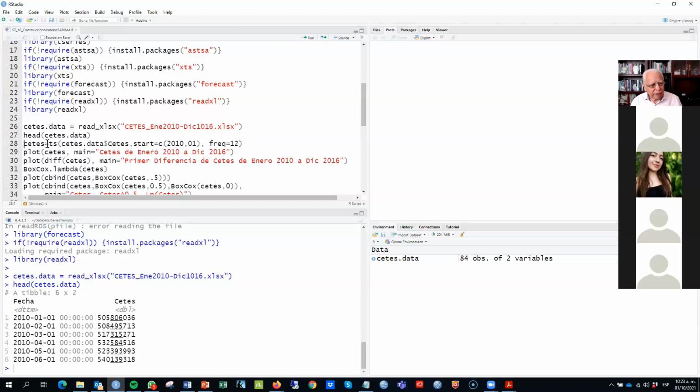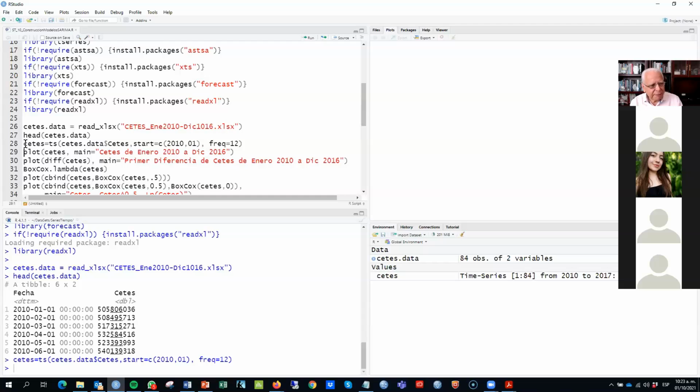So I converted it with the ts function: I take the column named series, and set up the start date, January 2010. Frequency equal 12 because we have monthly data and we have 12 measurements per year. So now I have made it a time series.